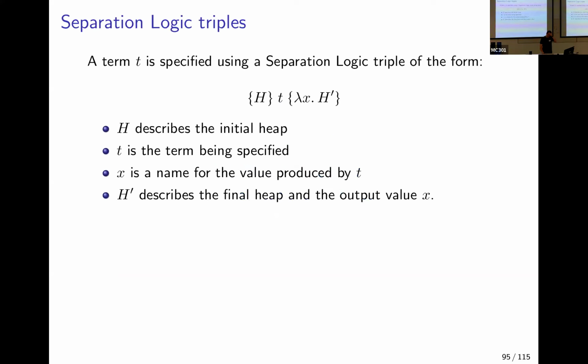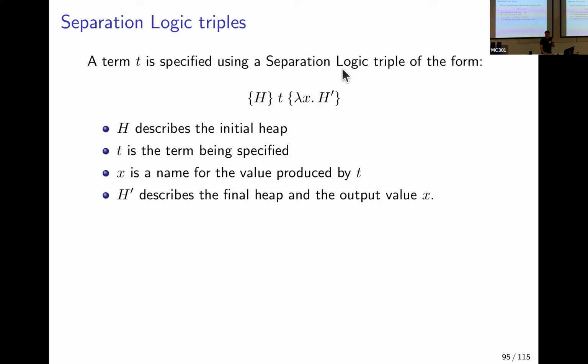Okay, let's go back to something a bit more precise. We have mentioned separation logic triples. So what do they mean exactly? You have H, which is your precondition that talks about the heap, t, your program, and lambda X, H prime.